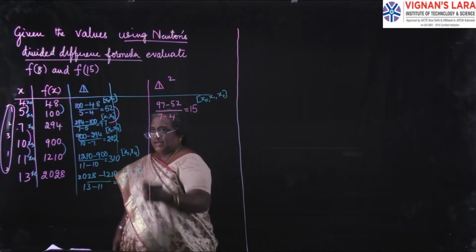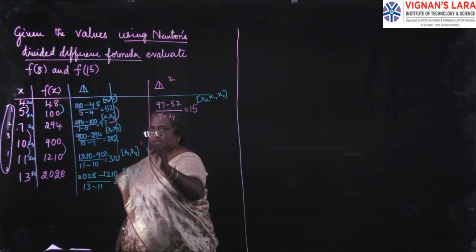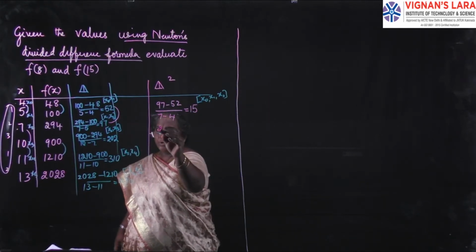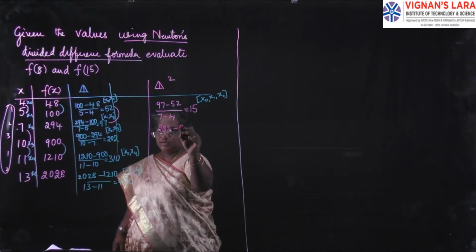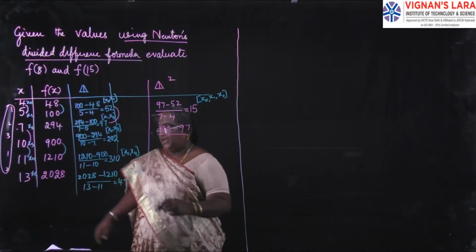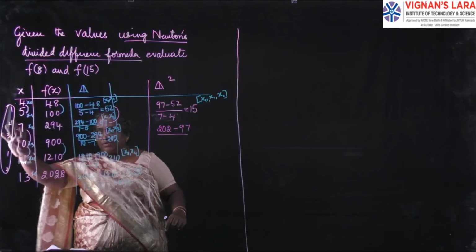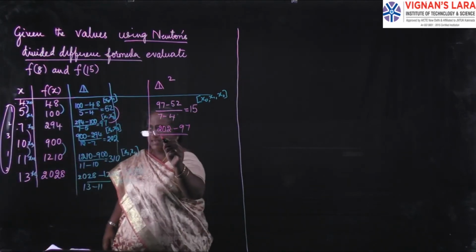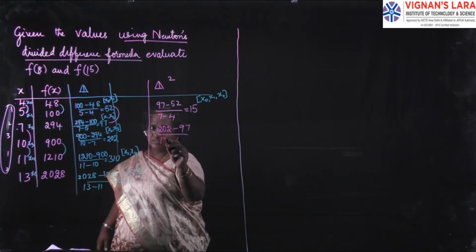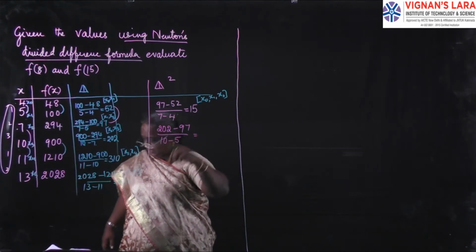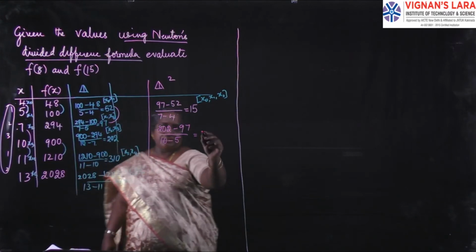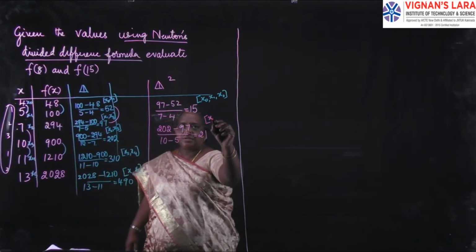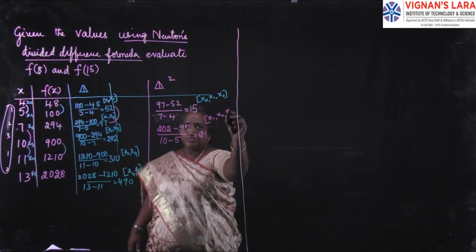Next we calculate 202 minus 97 by, again take 3 starting from x1, 1, 2, 3. So x3 minus x1 is 10 minus 5. So its value is 21. This is the second divided difference of x1, x2, x3.